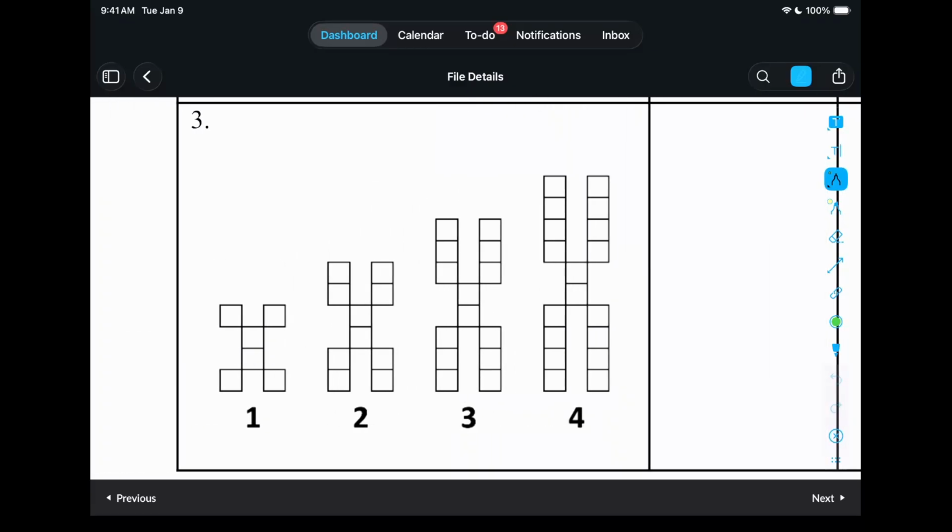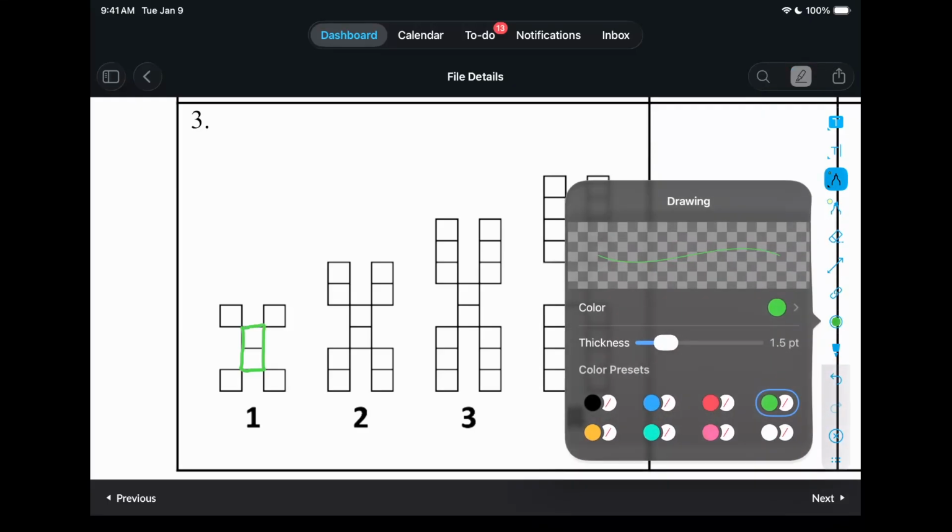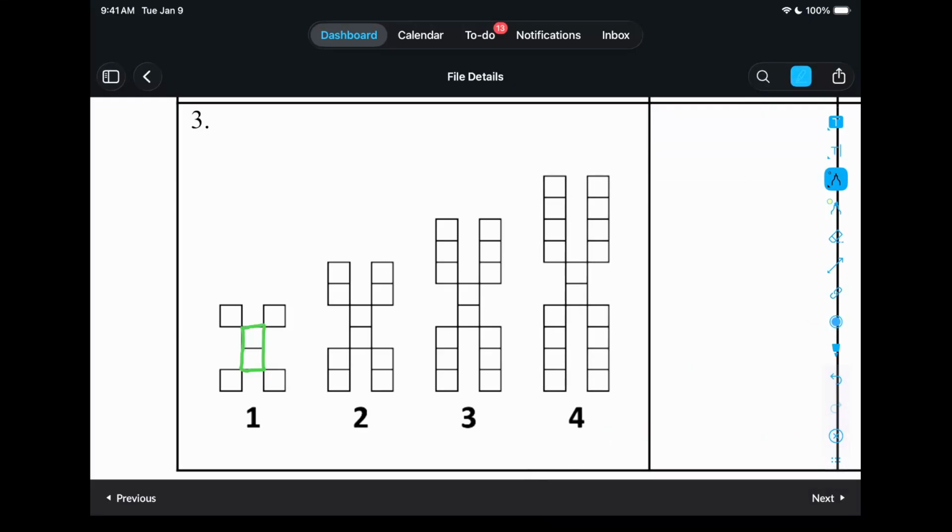So one way of looking at it, you have these, and then you have your branches. For figure number one, we have 1, 1, 1, and 1.